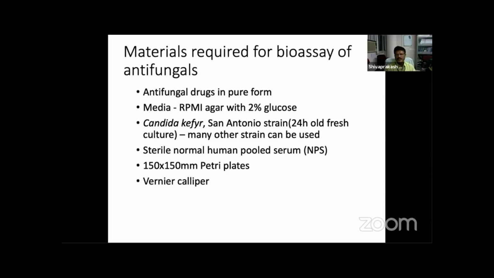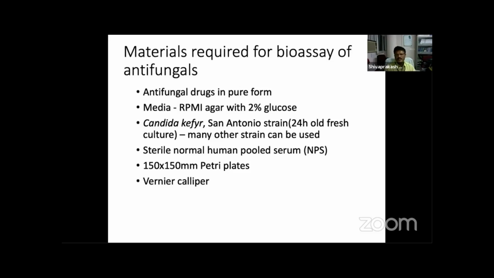In bioassay, as I told you, it is just like doing antifungal susceptibility testing by disk diffusion or antibiotic susceptibility testing. When you want to do a bioassay, you should not take the tablet. You should always buy the drug in pure form. Any antifungal you are doing the bioassay for should be in pure form. They have evaluated many media. For example, different media have been used when testing itraconazole, voriconazole, and posaconazole.